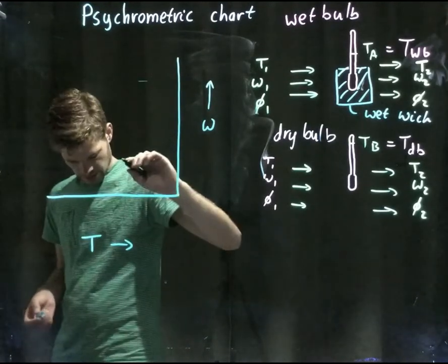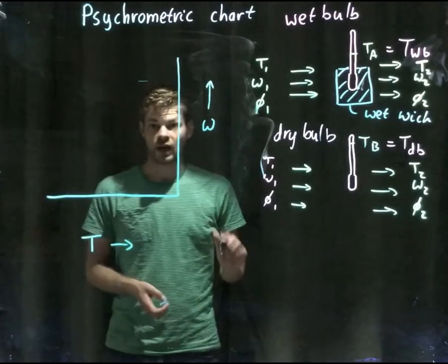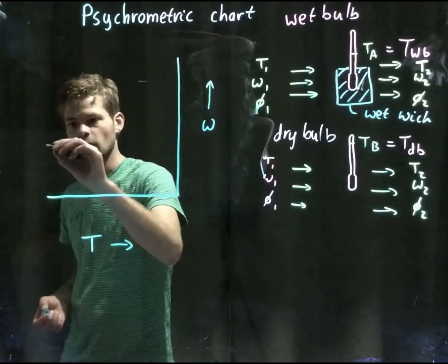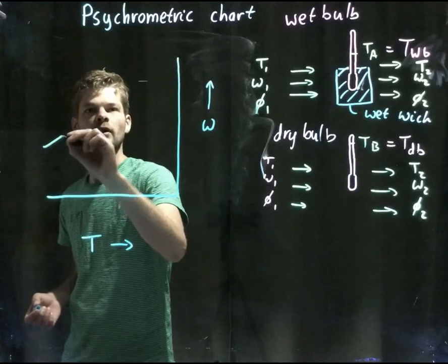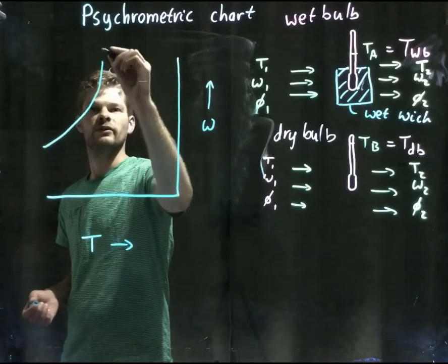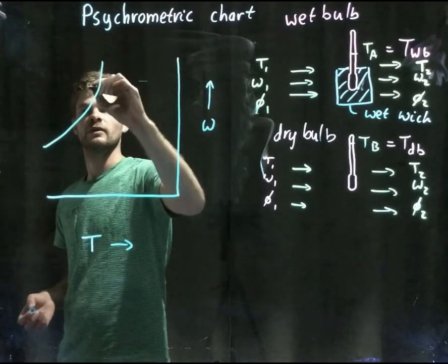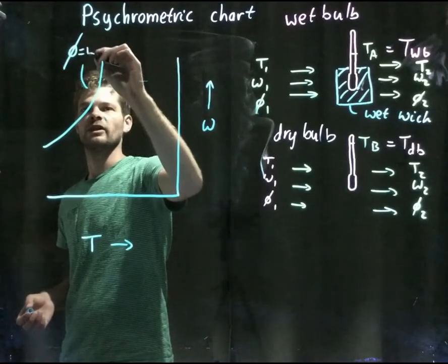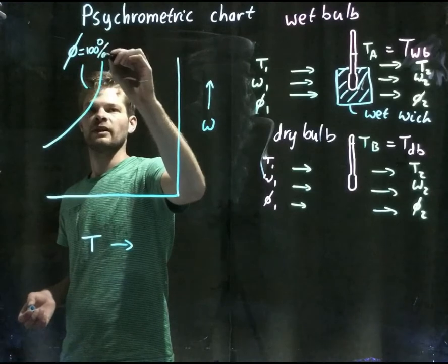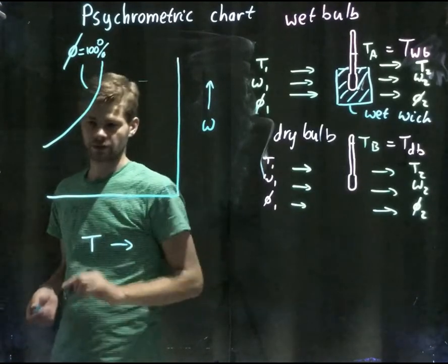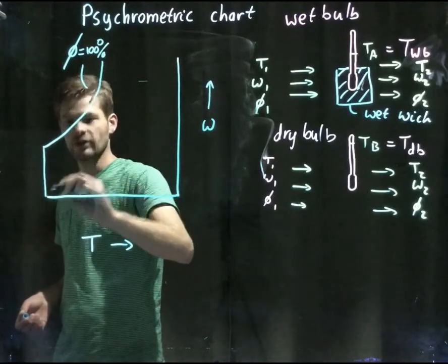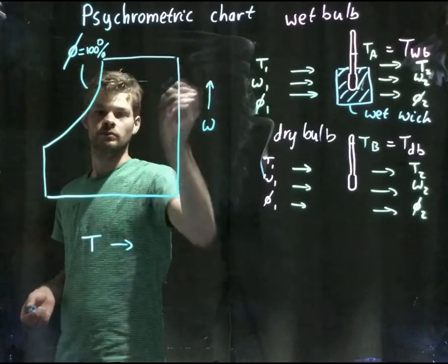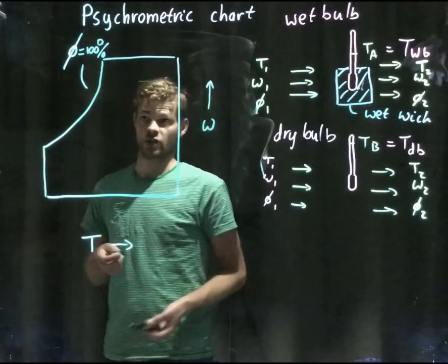And then there are certain lines, and actually there's one here, this is the most important one. This is the line of relative humidity, and over here it's 100%. And I guess somewhere over here it will be 0%. And let's just finish it over here. So here we have our psychrometric chart.